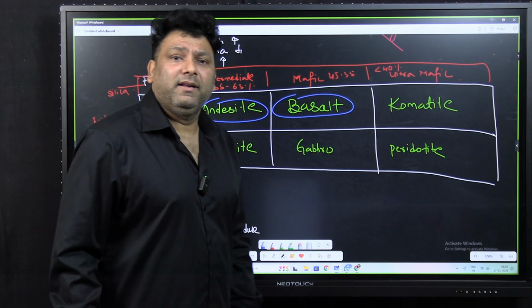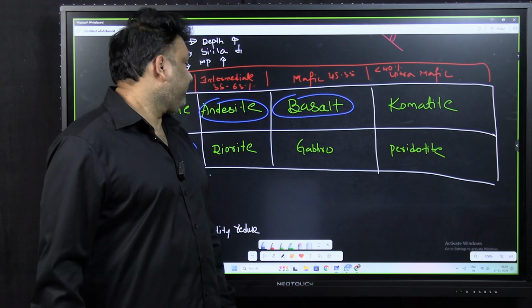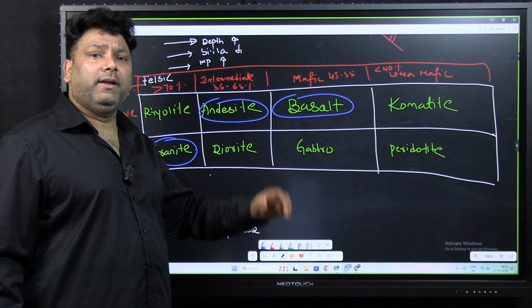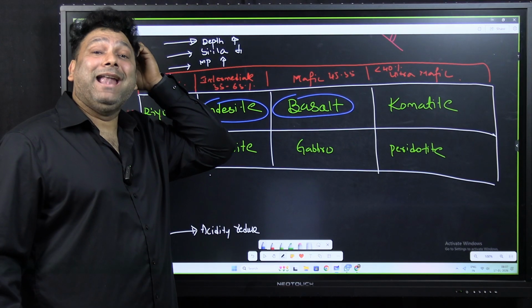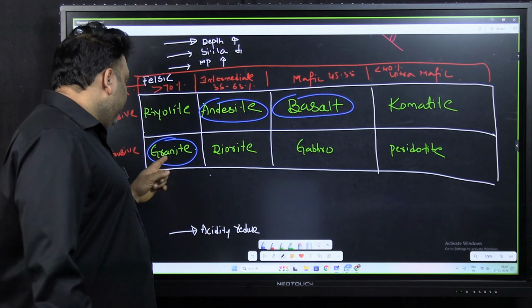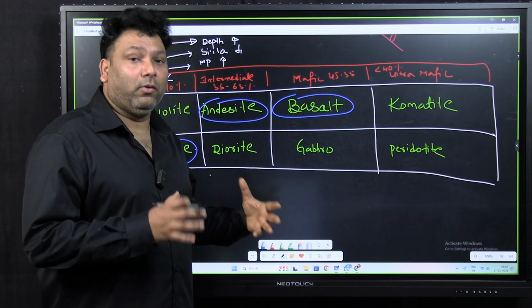Basalt, the Deccan lava plateau is mostly made up of basalt. Andesite is mostly found in the mountains. That's why the Andes in South America, it is andesite. Next you have the granite. So granite will be forming the basement rocks.